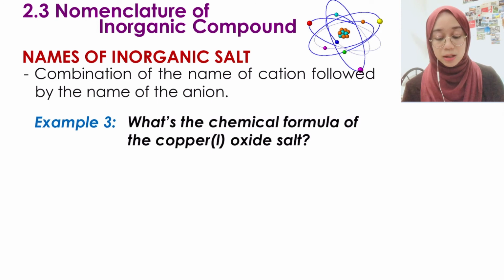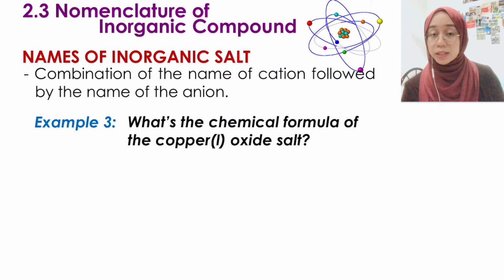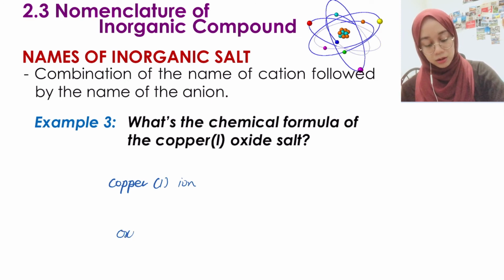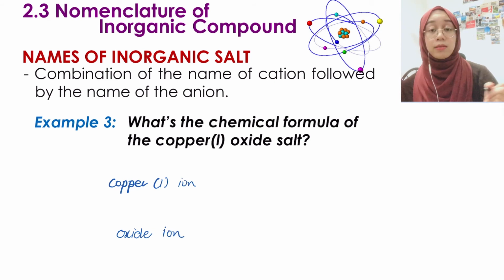Kita tengok example pula. So what's the chemical formula of the copper 1 oxide salt? Okay, so kamu diminta pula cari formula of salt tu based on nama dia. Okay, so very simple jugalah ni sebenarnya kan. So copper 1 oxide bermaksud kamu ada copper 1 ion and also kamu ada oxide ion.